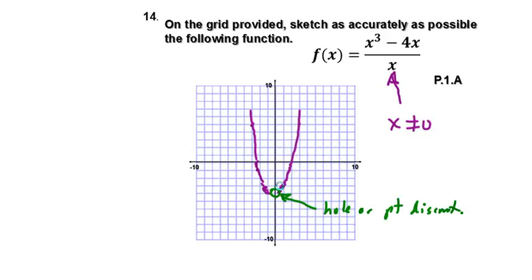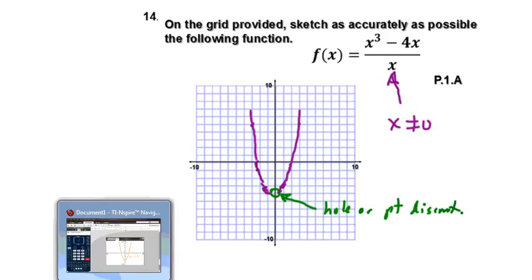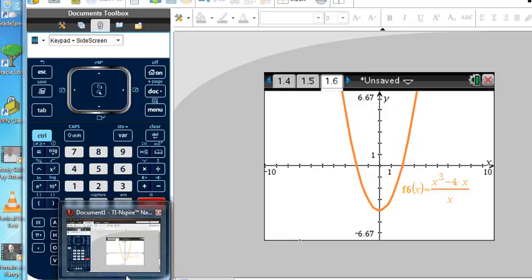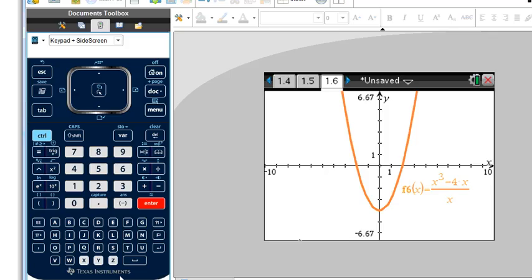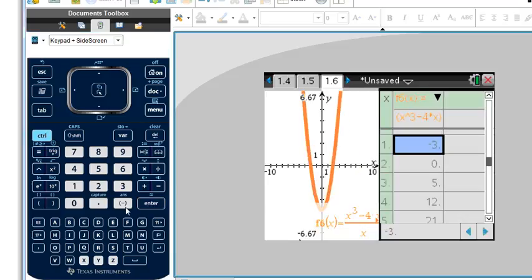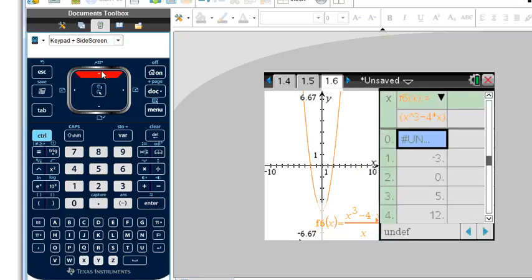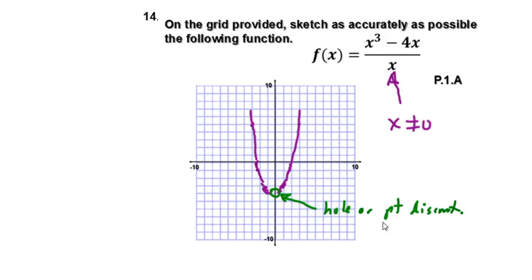And so for full credit, I'm looking for that hole right there. And another way you can tell there's a hole is if you take your calculator, and go to table view, Control T, what do we see at x equals 0? Undefined. So we have to draw in that hole for full credit on this problem.